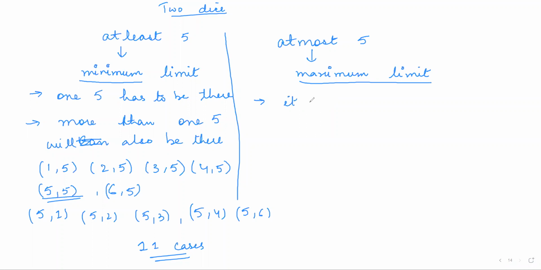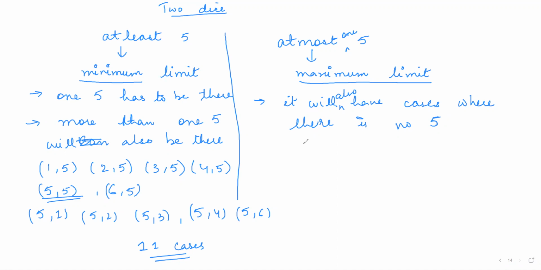It will have cases where there is no 5, I mean, where there is no 5. So this is the maximum limit of 5. The maximum limit of 5 is 1. Like at most 5 has to be there. It can have one 5 also.